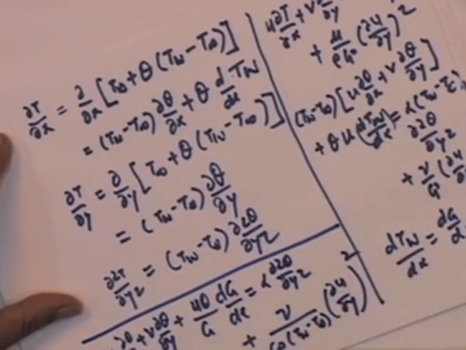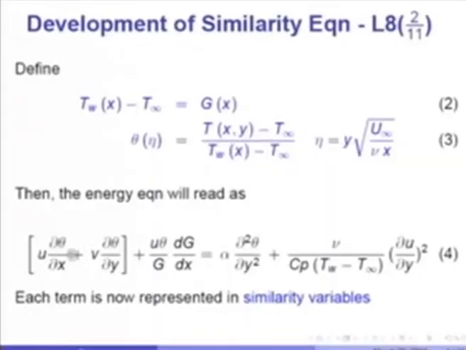So, this then is the last equation that you see here, and we now wish to represent each term in terms of similarity variables.